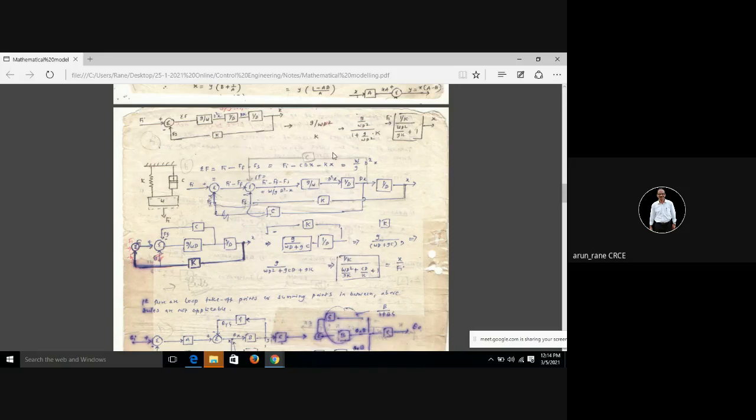You can take one more from here and cross it and show it here. Nothing wrong, as long as it is clear. So either the loop can be taken like this, or the loop can be taken like this also.